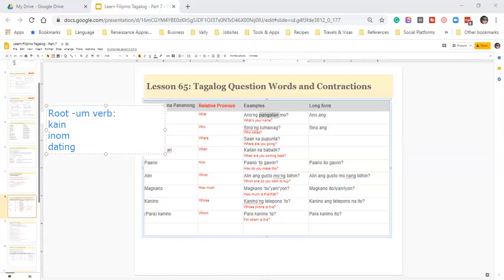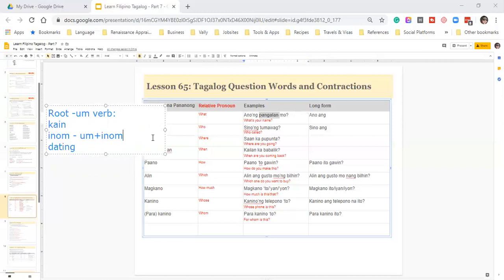Yes. So complete the sentence with the question word. Sinong kumain? Sinong inom? Again, it starts with a vowel, so you put um plus. Uminom. Okay, next. Sinong dumating? Very good. Okay. So that's how you use sino.